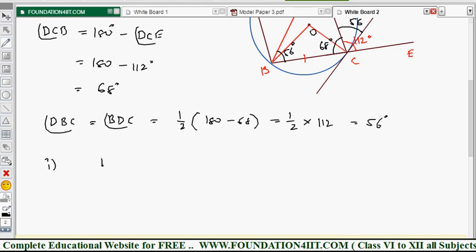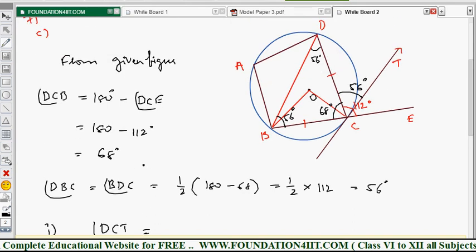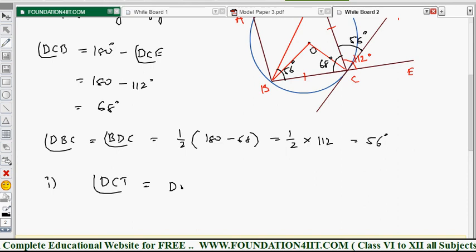So angle DCT is nothing but angle DBC, which is already 56 degrees, because angles in alternate segments are equal. The alternate segment property is applied.